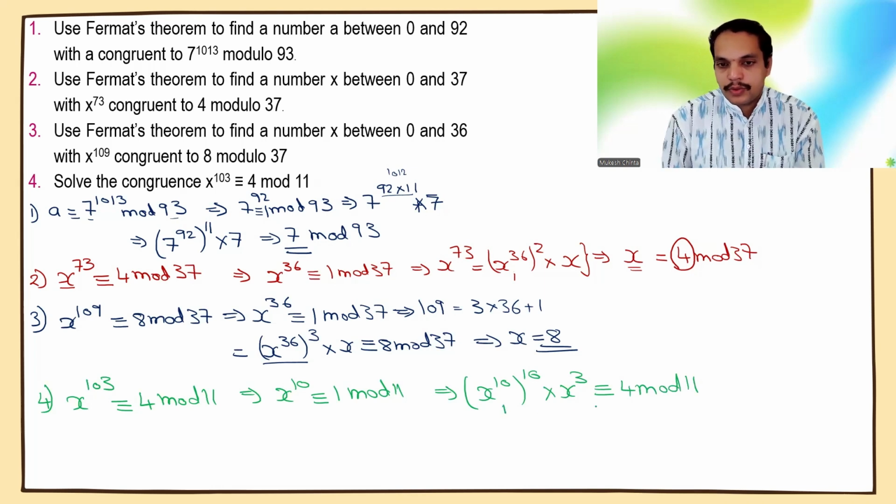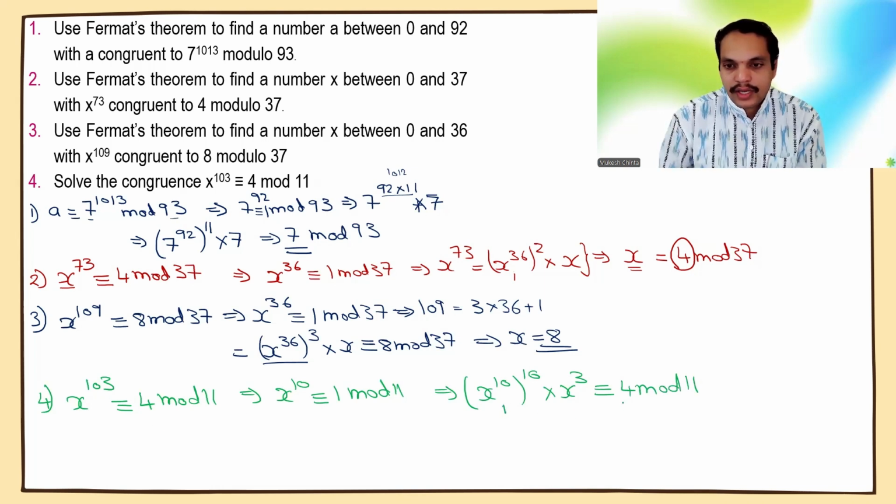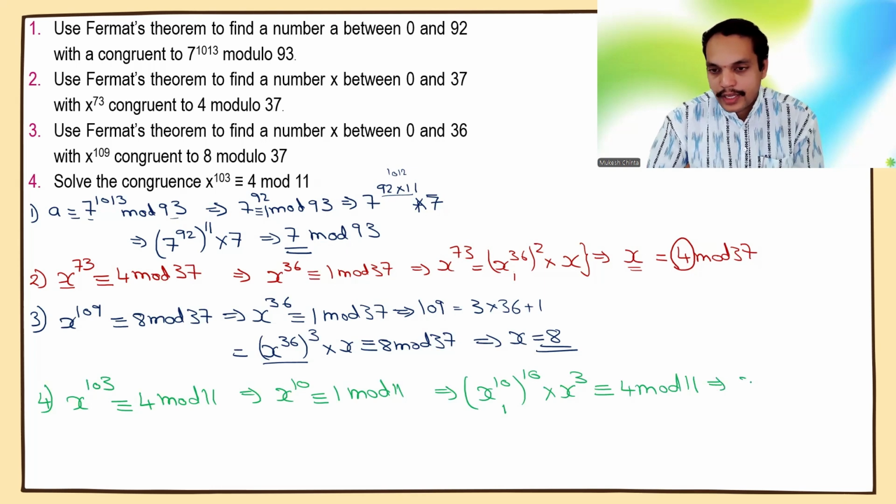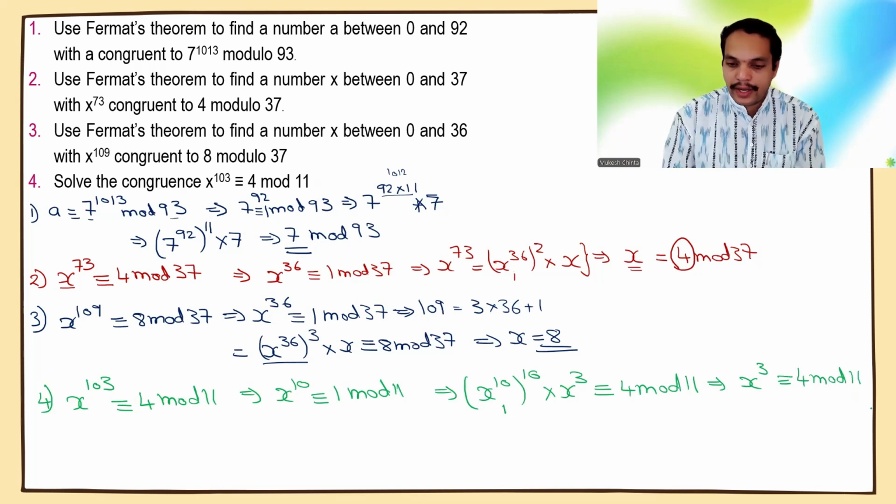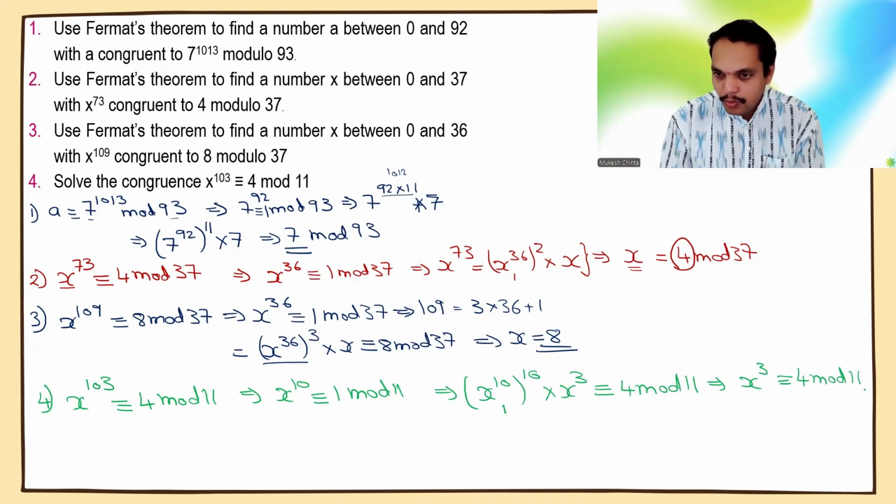Now this becomes 1. Once I get this equation as x cube is congruent to 4 mod 11, I have to use the trial and error method, because it's mod 11, all the values I will have are 1 to 10. If I start implementing 1, 2, 3, then I have to get the answer.